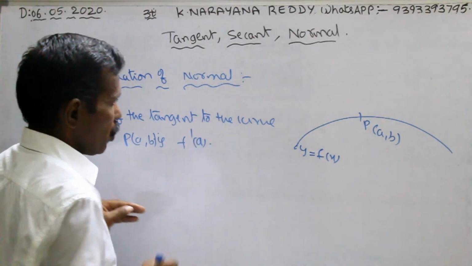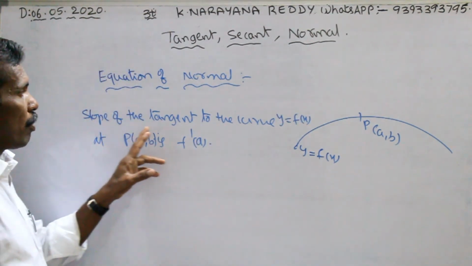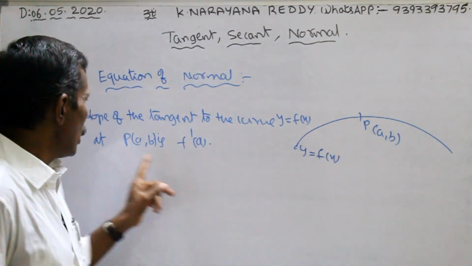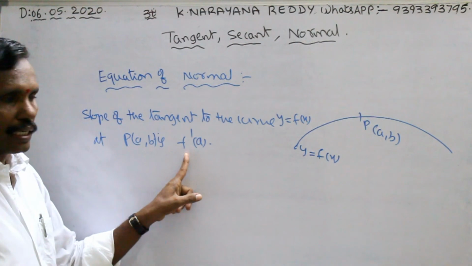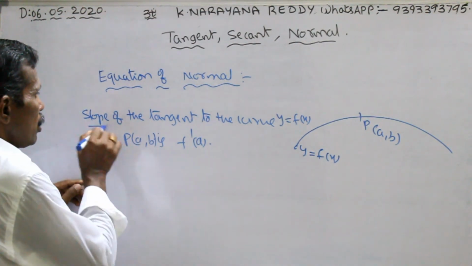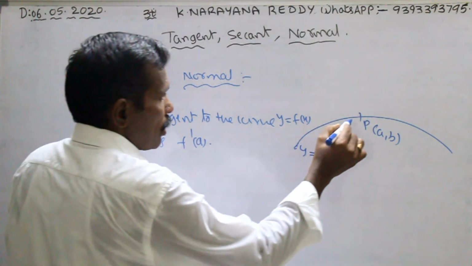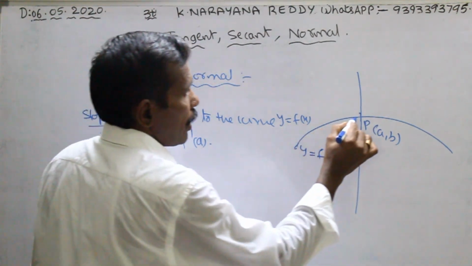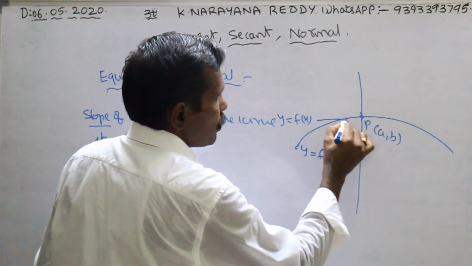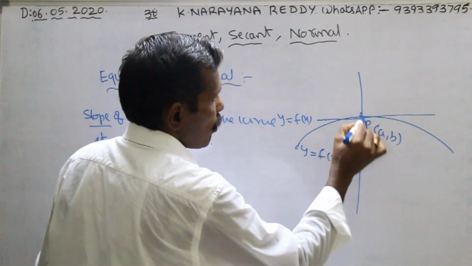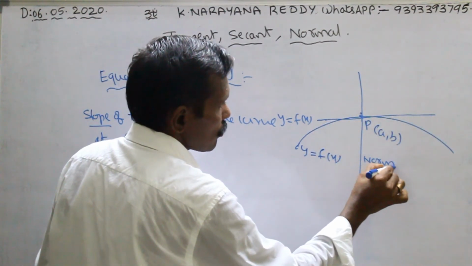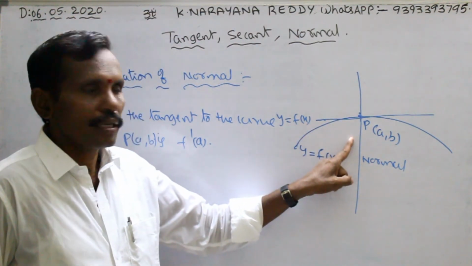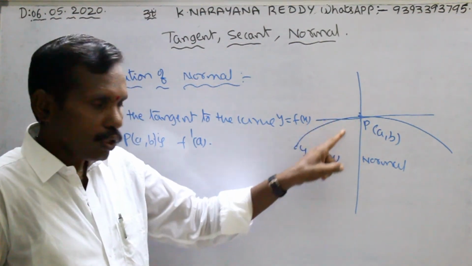Already I told you. This is the slope of the tangent to the curve y equals f of x at P is f dash a. Okay, this is the slope. Now take a line normal to the curve and passing through P, which is normal to the tangent. This is the normal line. That means it is perpendicular to the tangent. Is it or not? Perpendicular to the tangent.